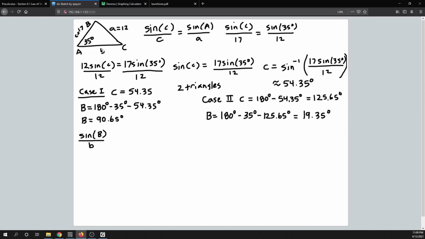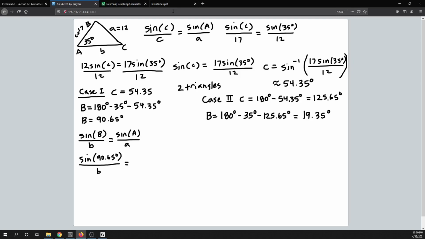So we're after side B. So it would be sine of angle B over side B. And again, I like to use the side-angle pair that I'm given. So that's sine A over side A. All right, and so I get sine of 90.65 degrees over B, which I don't know.